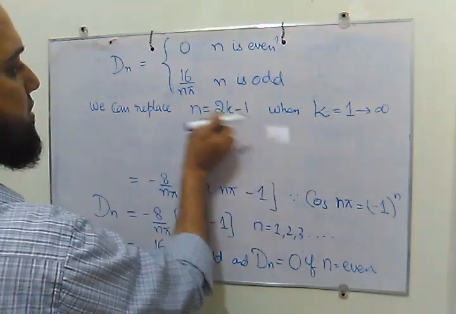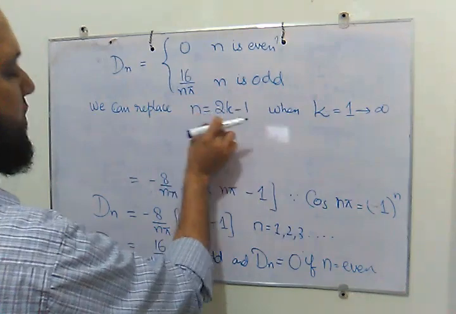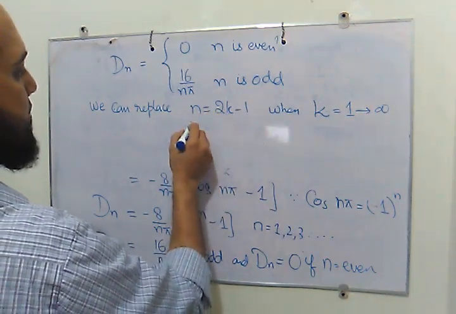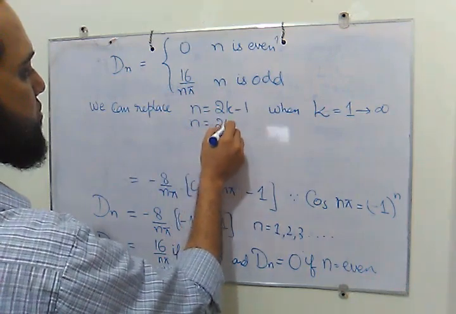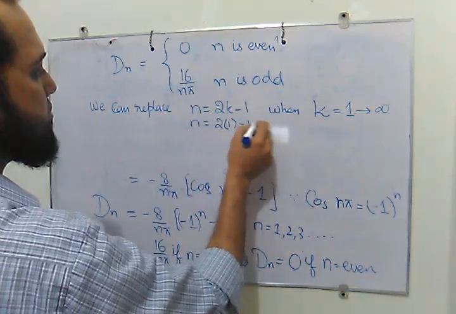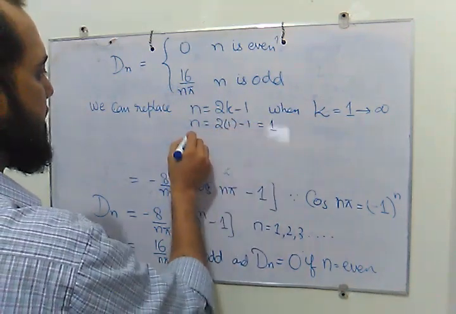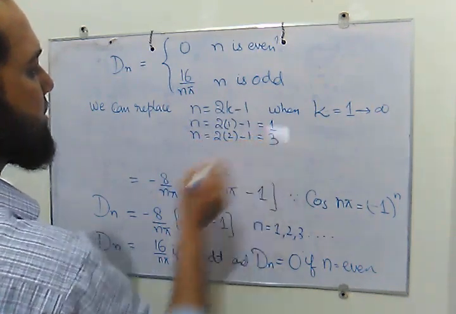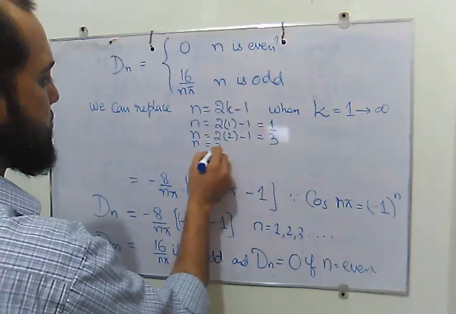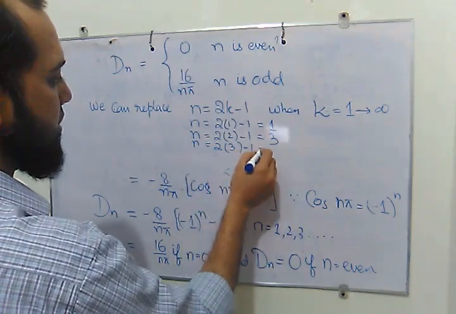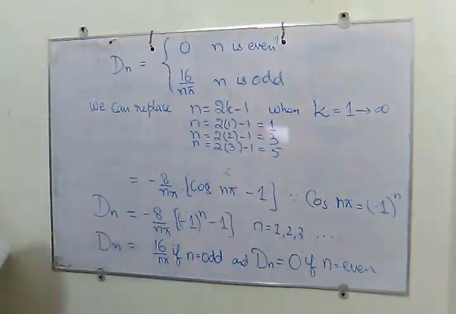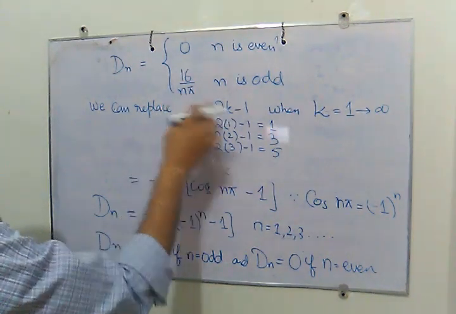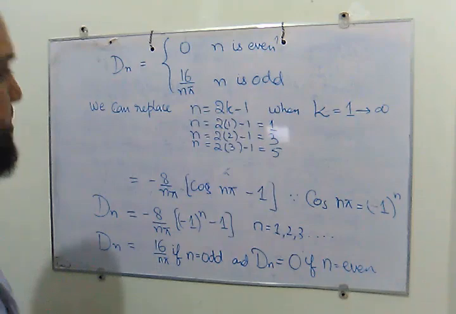In that case, n will always give us the odd value, because n is equal to 2 into 1 minus 1, which is 1. N is equal to 2 into 2 minus 1 will be 3. N is equal to 2 into 3 minus 1 would be 5. So it is better if we replace n by 2k minus 1.